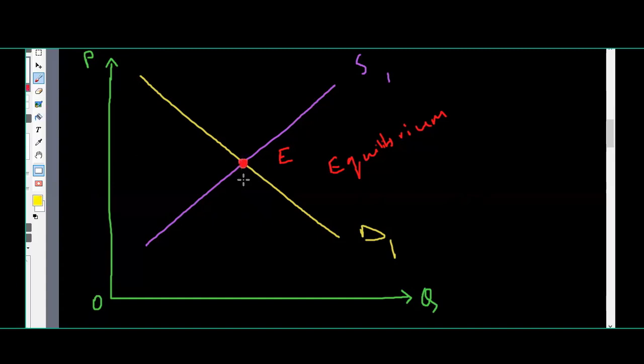So based on this point, if we want the quantity, then we should go downward like this, and it will give us a particular amount of quantity. For example, we're naming it Q1. And this one is called the equilibrium quantity.